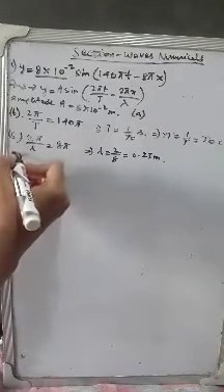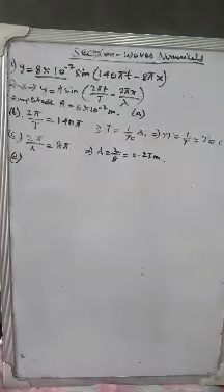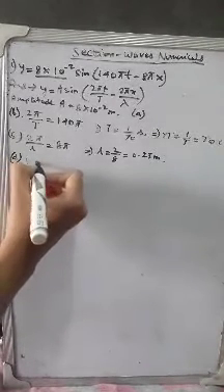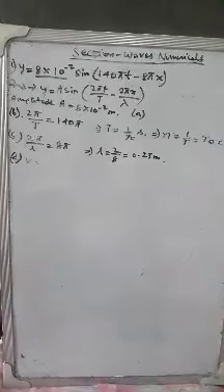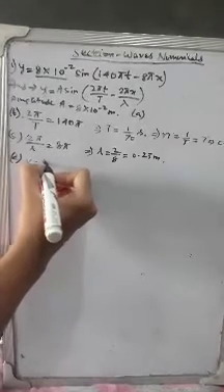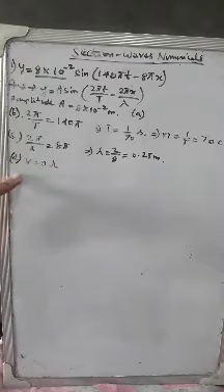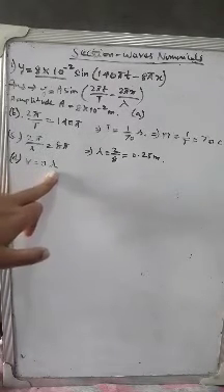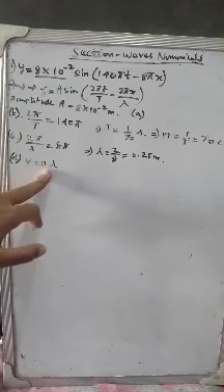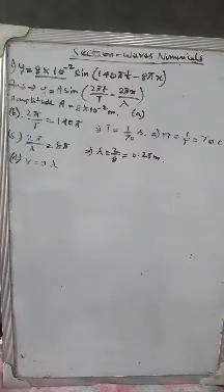Now moving to the last part, part D: you have to find the speed of the wave. Recall the formula: v equals n lambda, wave velocity equals frequency into wavelength, which we did in class also.